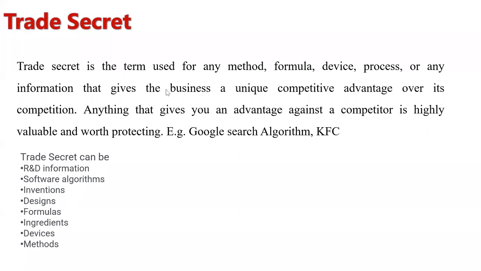For example, KFC is a very famous brand, and they have a very good number of food chains. They provide food items that have a unique taste. They don't want to disclose that ingredient combination, so they can file a trade secret. Here, there is no need to disclose the ingredients, but that particular part will be registered.